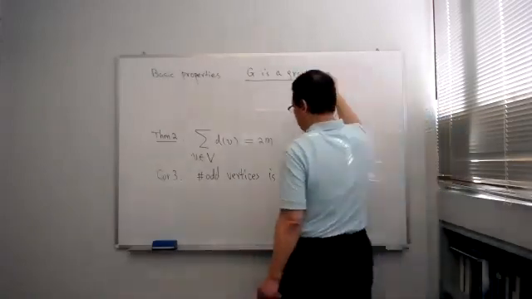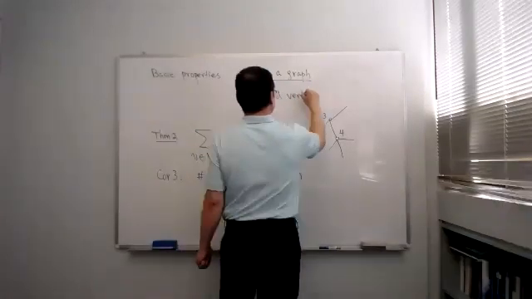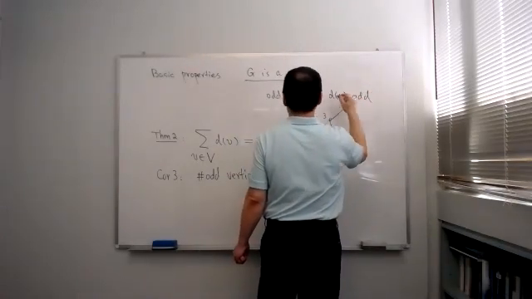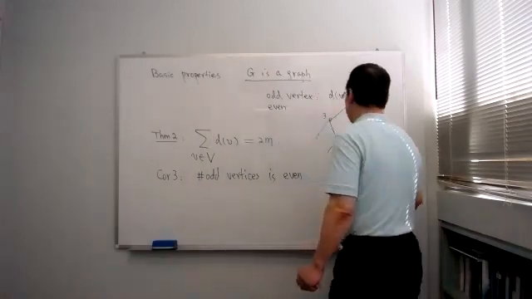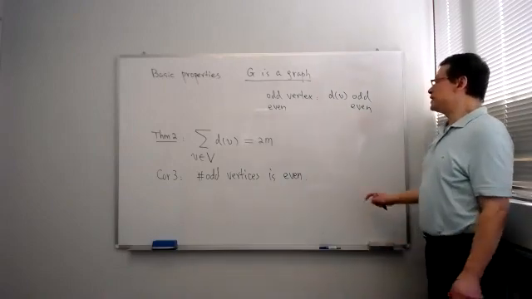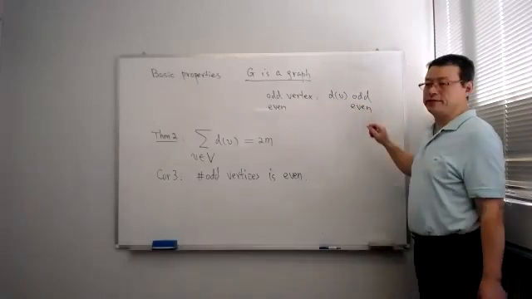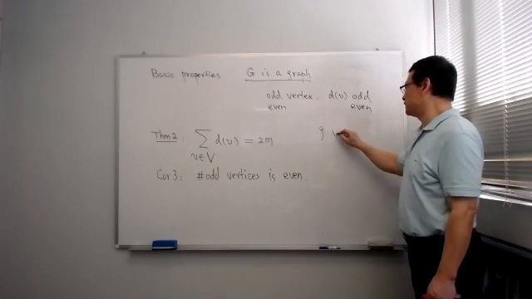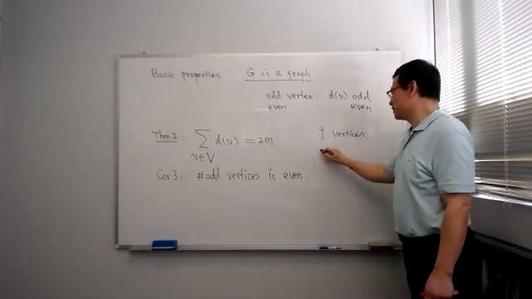A vertex is called an odd vertex if its degree is odd, and an even vertex if its degree is even. So suppose we have a graph on 9 vertices where each vertex has degree 3.